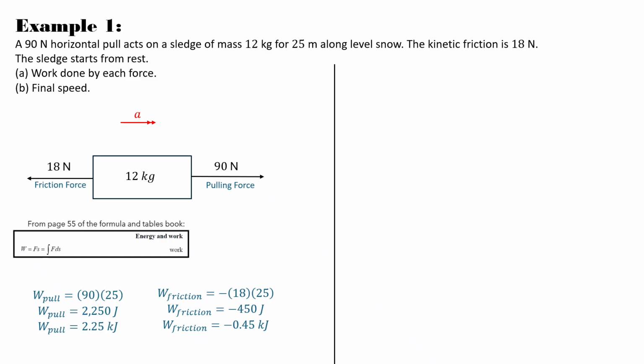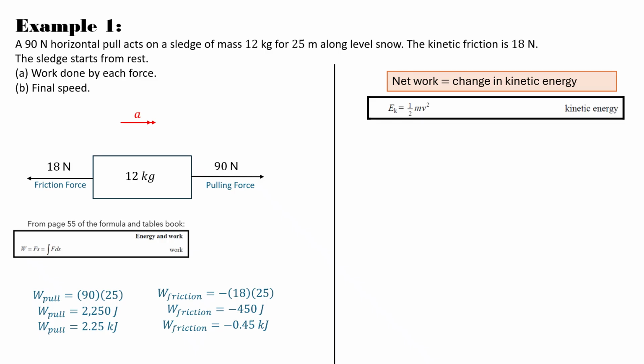So then for part B, the final speed, we're going to use the idea that the net work is equal to the change in kinetic energy. We can work with our kinetic energy formula of a half mv squared. I'm going to use two ways to show you how to get the net work.